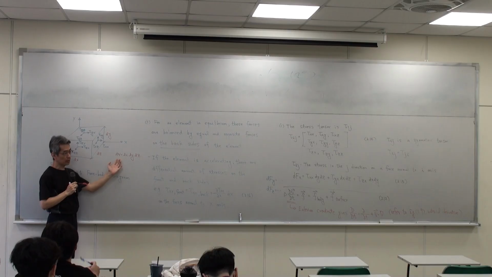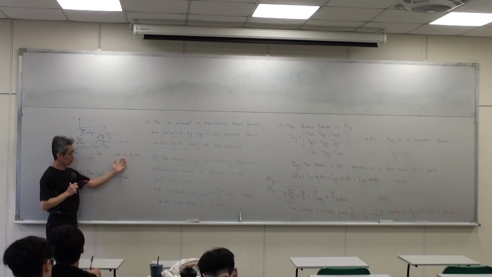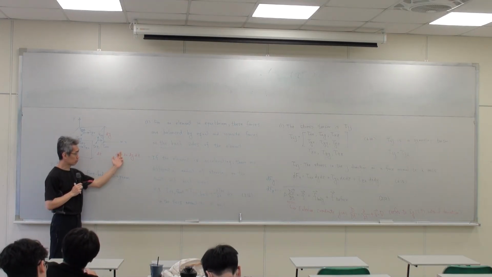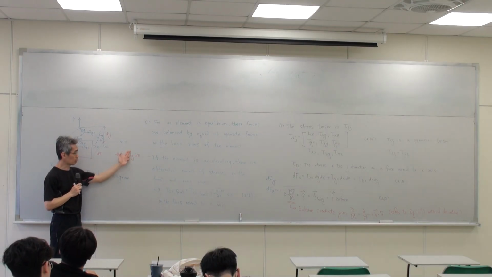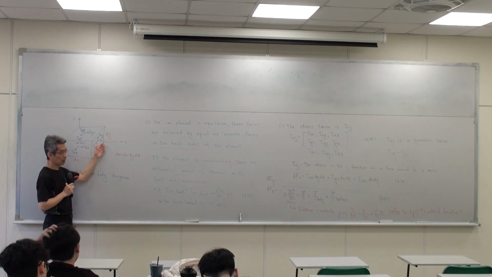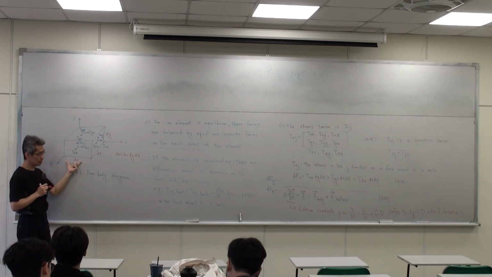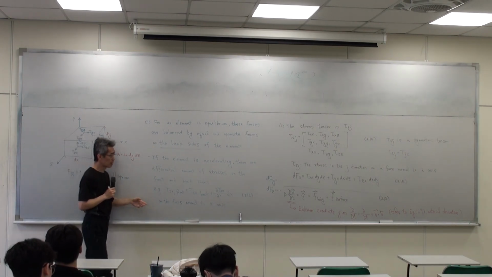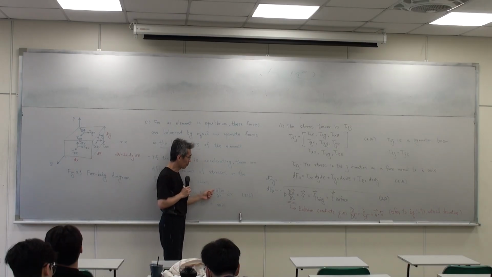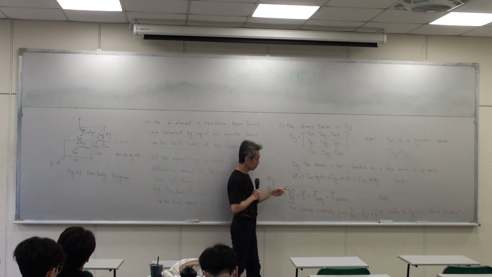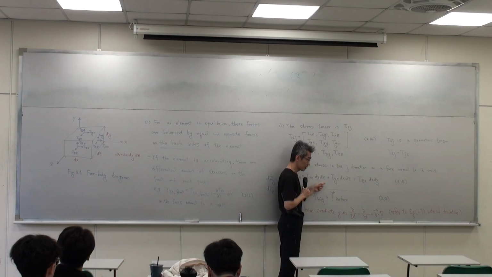So later on you can see you have two parts. This corresponds to the surface, and this part corresponds to the length difference. Similarly, this force corresponds to the surface.